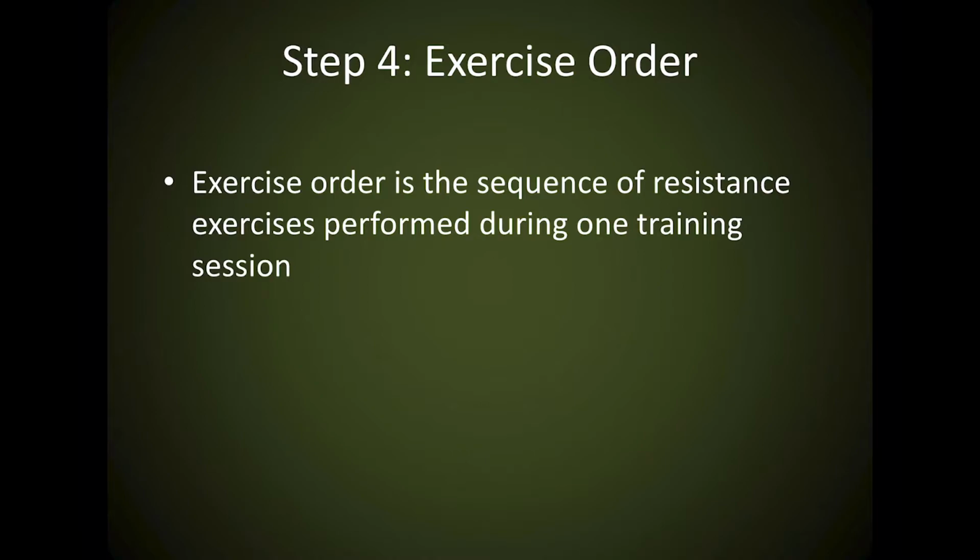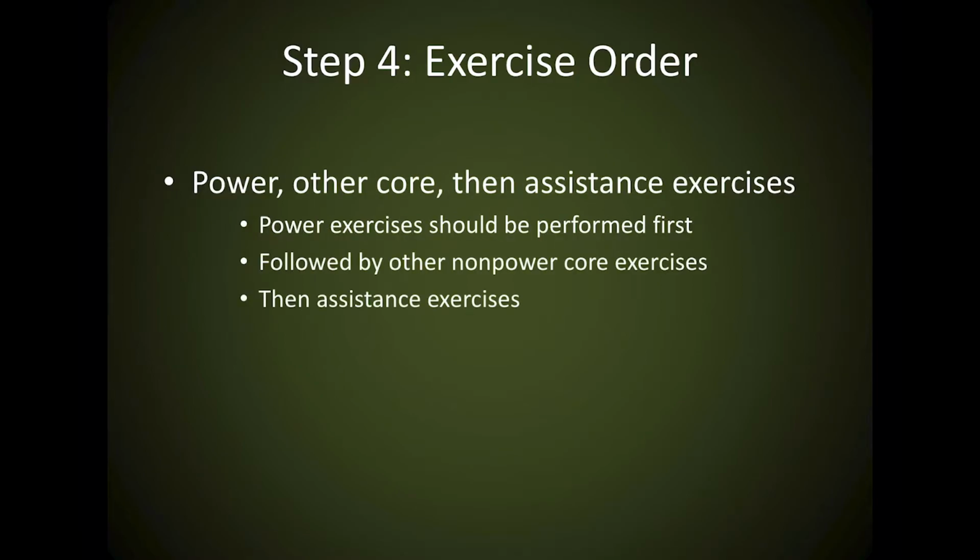All right, exercise order. Already mentioned this at least once before. With the exercise order, the sequence should be the core and then the assistance exercises afterward. But the sequence of resistance exercises performed during one training session, that's what this is referring to. So you have the power, other, then the assistance exercises.